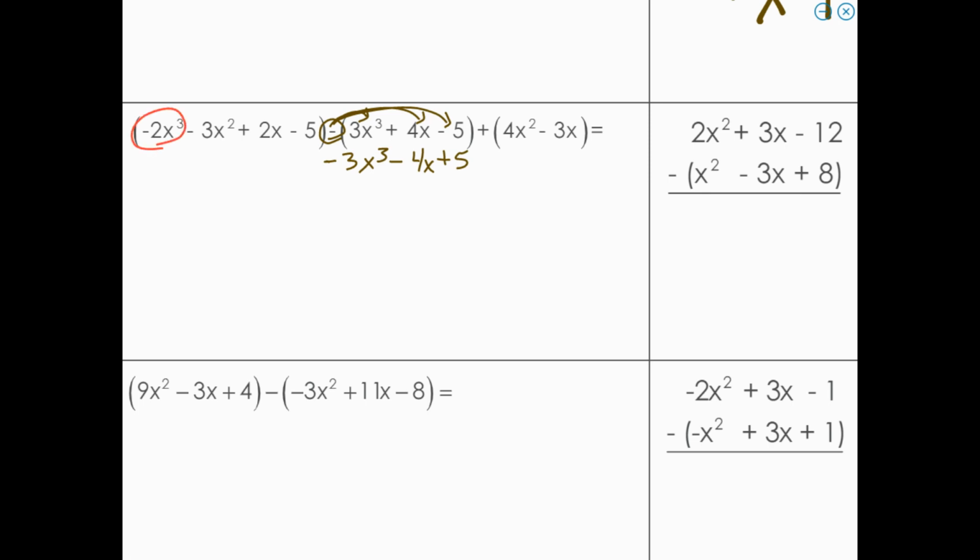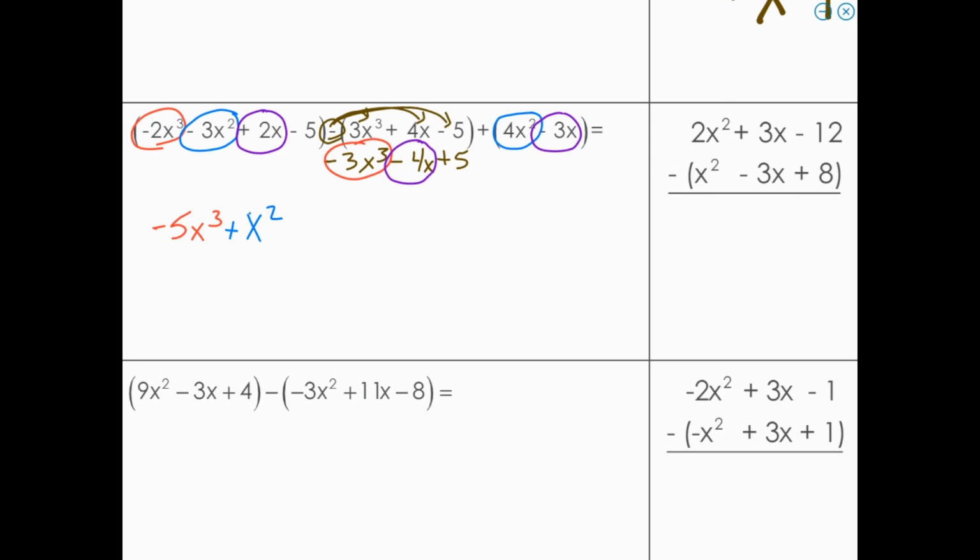So negative 2x cubed, negative 3x cubed, those are my only two, so I've got negative 5x cubed, negative 3x squared and 4x squared is a 1x squared, plus 2x minus 4x minus 3x.